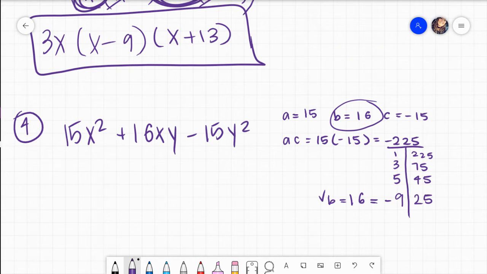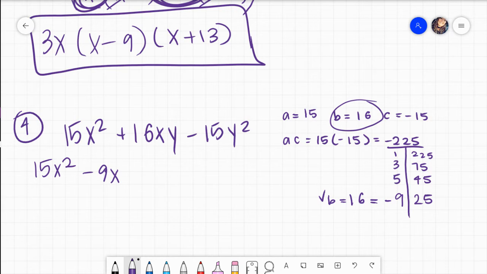Okay? So my negative 9 and 25 are going to be what's going to basically rewrite my middle term. Oh, talking, writing, thinking, like it's a lot. I noticed it instantly, so that's great.